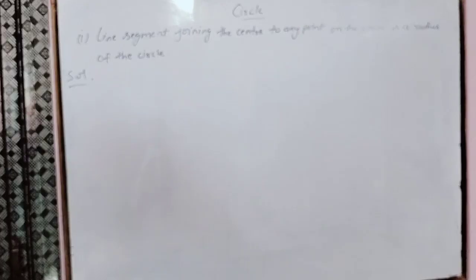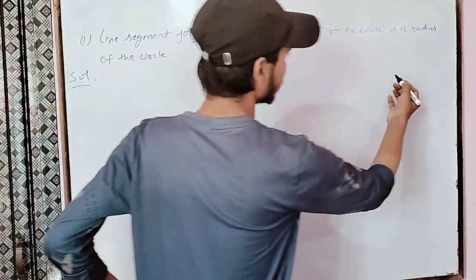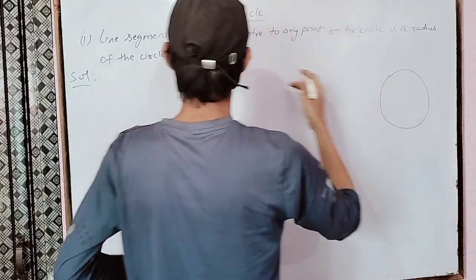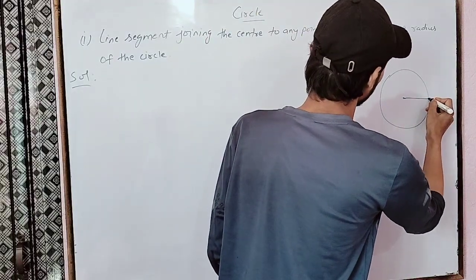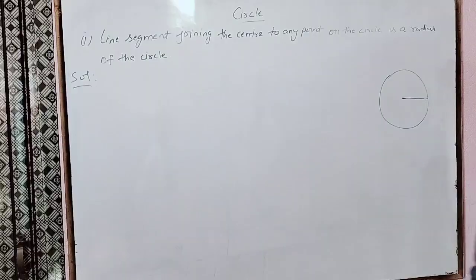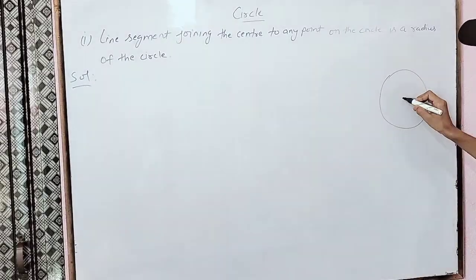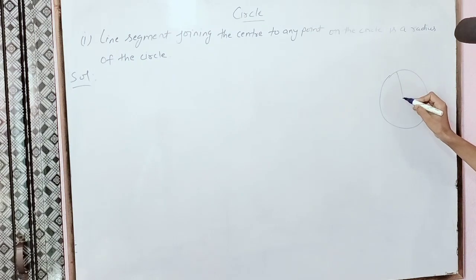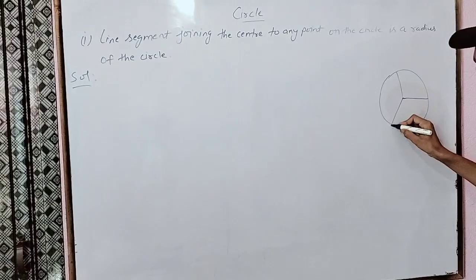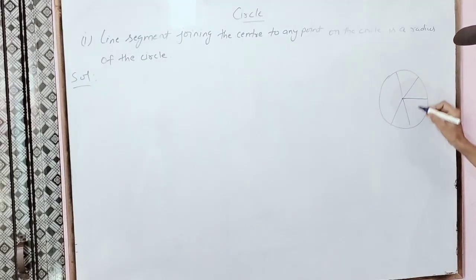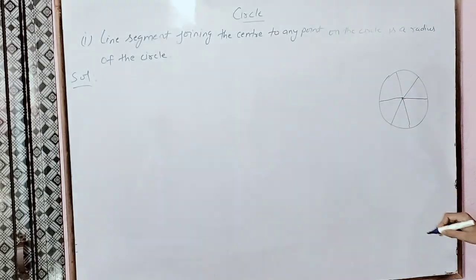So it is saying that there is a circle. A line which starts from the center goes to the circumference of the circle. So the line segment starts like that. There are a lot of radii, infinitely many.